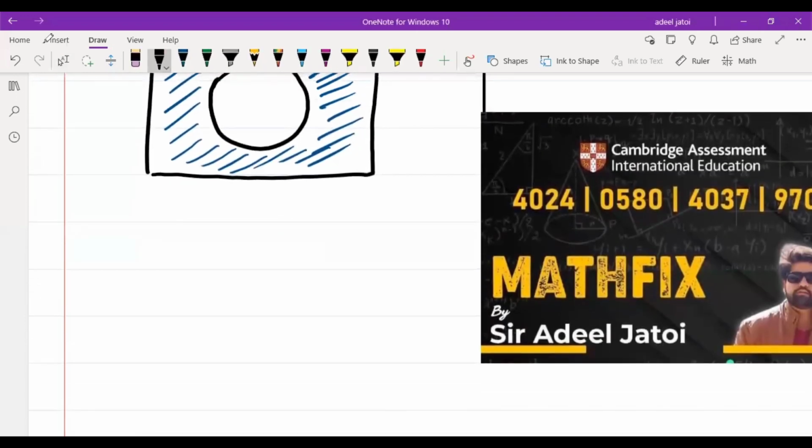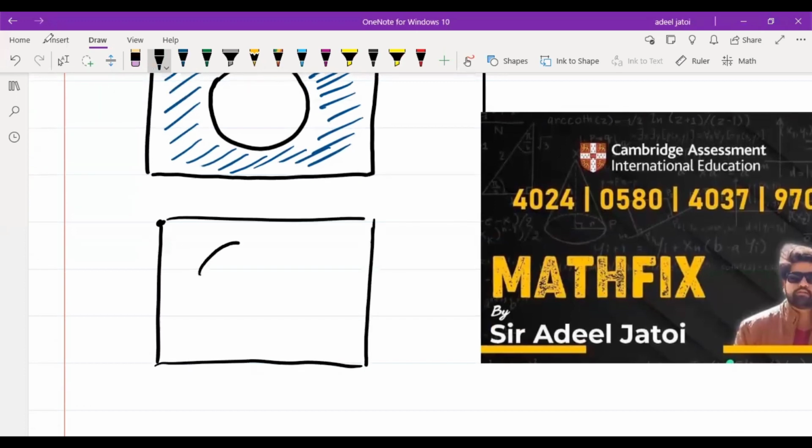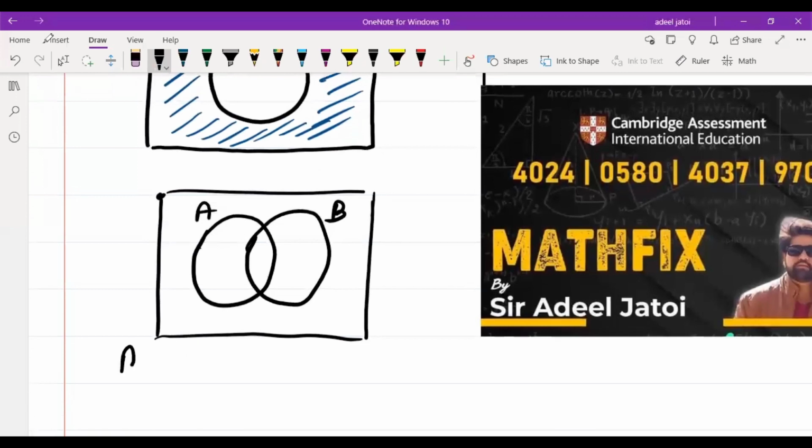On the other hand, if there are two circles, that means we have two sets A and B, and the examiner wants us to find A union B. What does A union B mean?